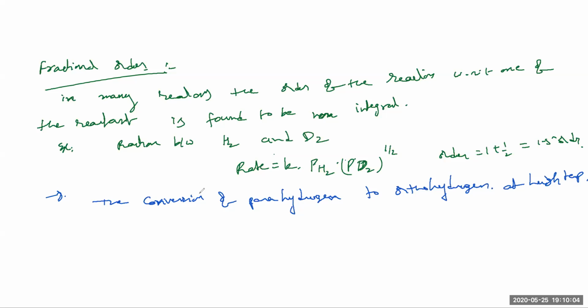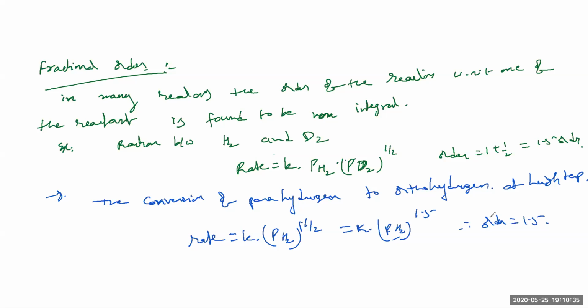The rate is equal to K into P of H2 whole power 1.5. Therefore, the order is 1.5. Note this down first. Next, I'll give an example for negative order also, and then go for the problems.